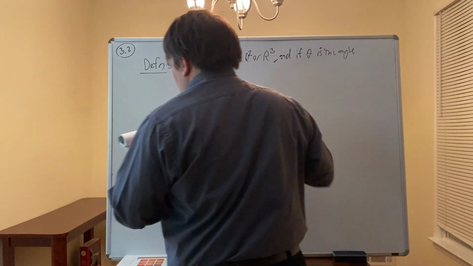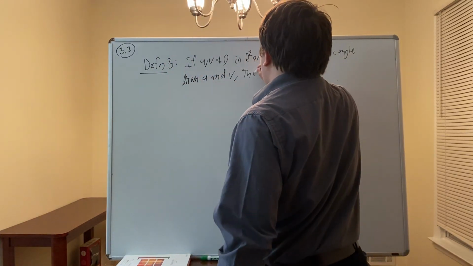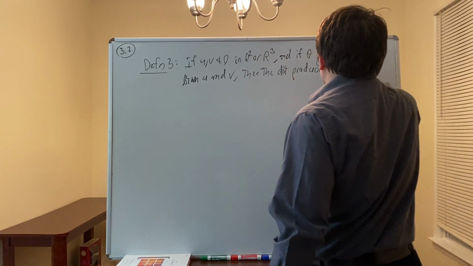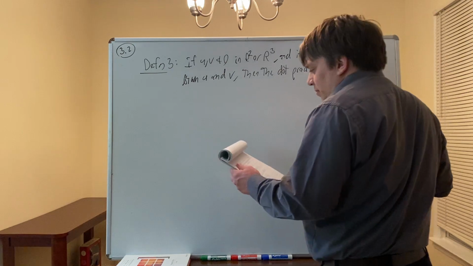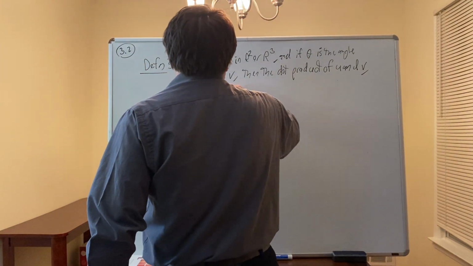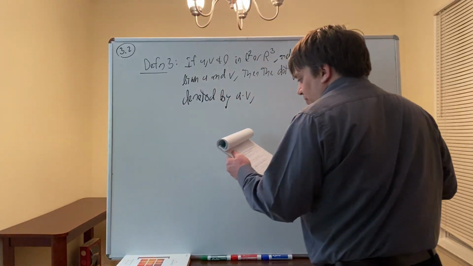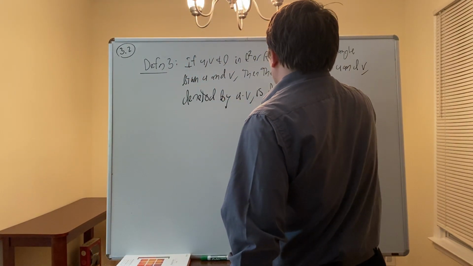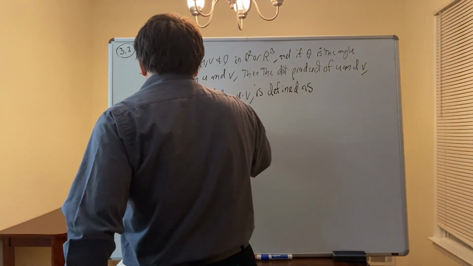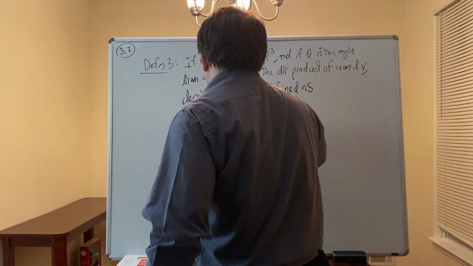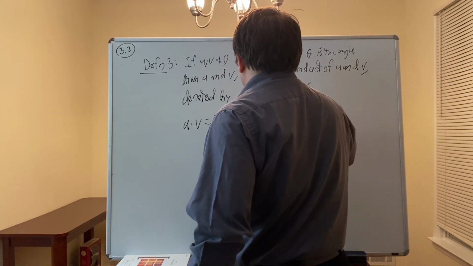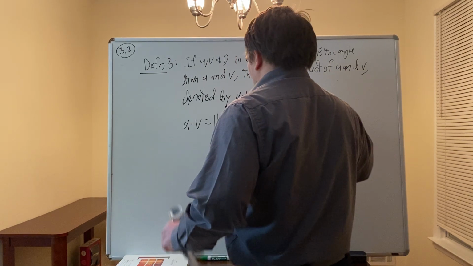U and V, then the dot product of U and V, denoted by U dot V, is defined as U dot V is equal to the norm of U times the norm of V, that's just regular product there, times cosine theta.